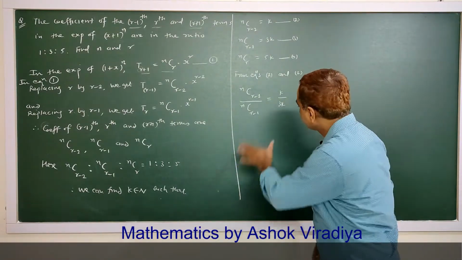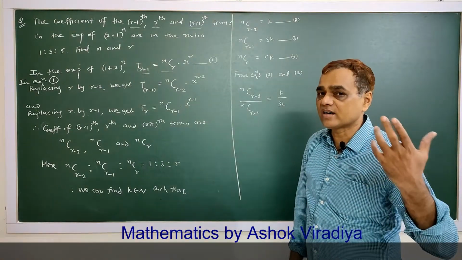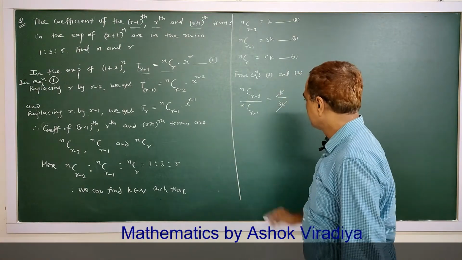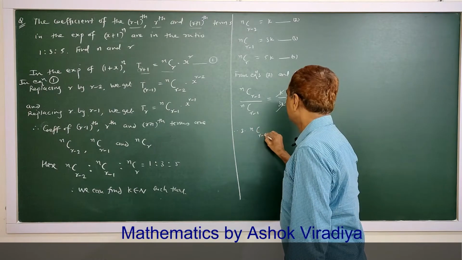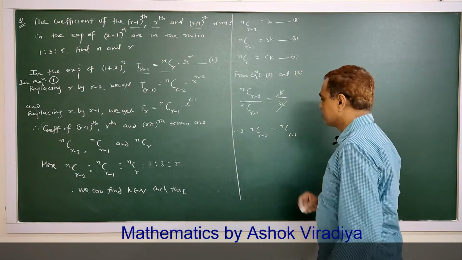First of all, we solve this equation, and we are going to get a relation between n and r. Here this K will be cancelled. So that means 3 times nC(r minus 2) is equal to 1 time nC(r minus 1).